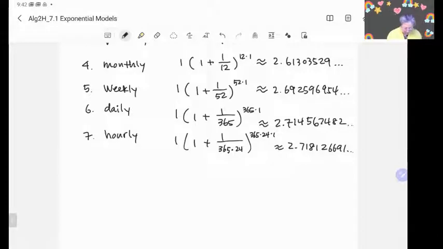So hypothetically, if we think about every moment, even a nanosecond, there's one investment that gives you the compounded interest continuously. There's no gap between the moments that you get the compounded interest. So that's why we do continuously.